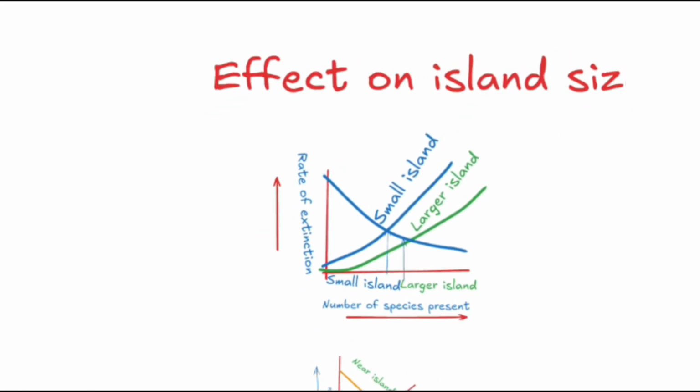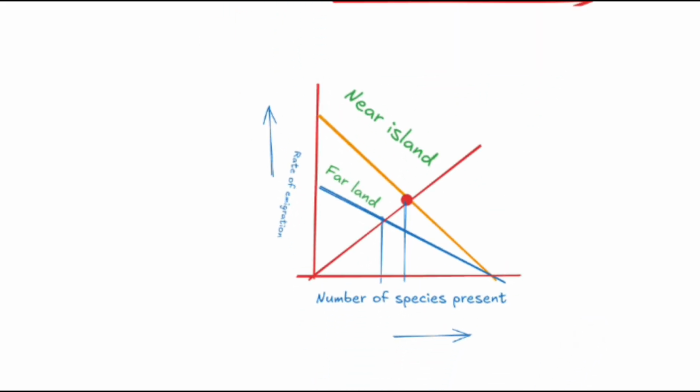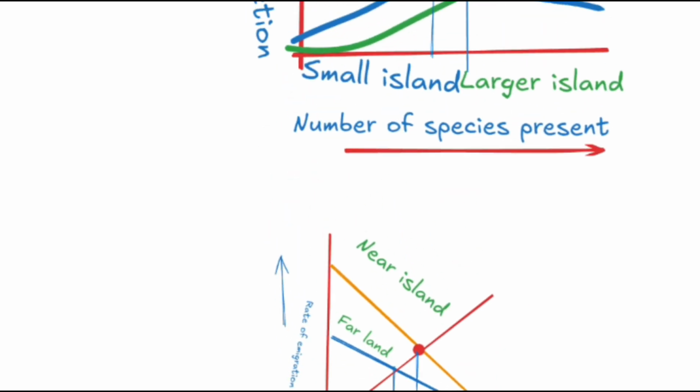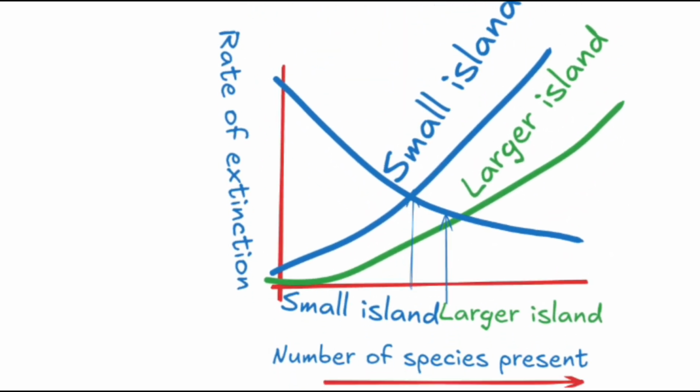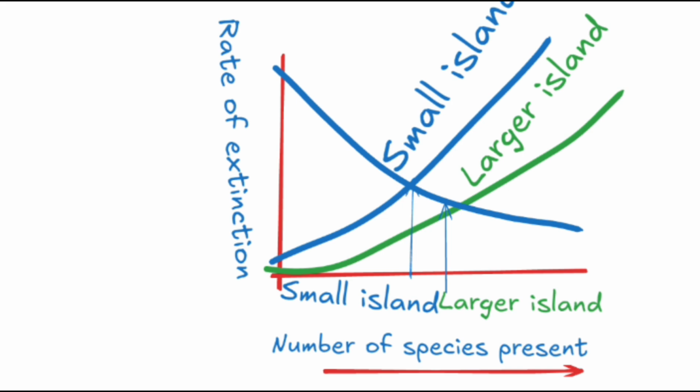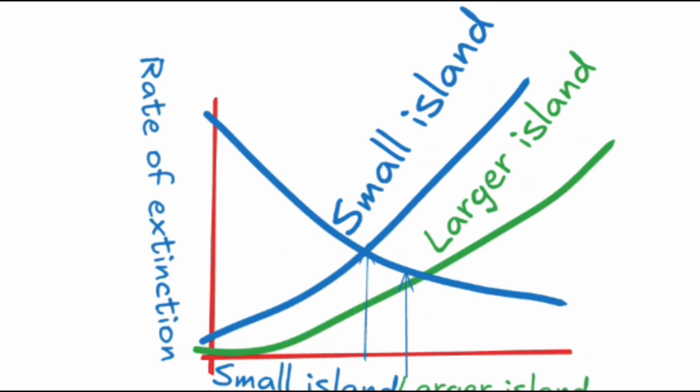First is the effect of size, and the second is the effect of distance. It is well established that the number of species on an island decreases as the area of that island decreases. A smaller island will have a higher extinction rate because it has few resources and less diverse habitat for colonization of that particular species.